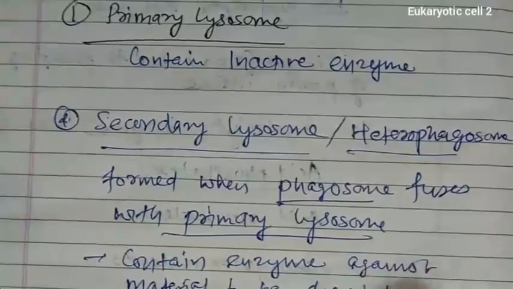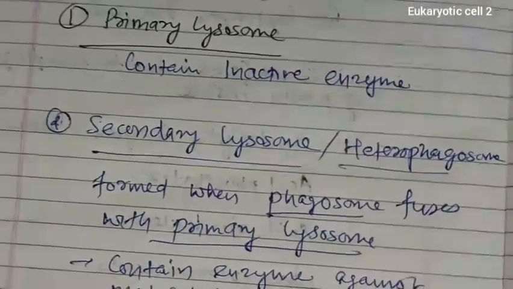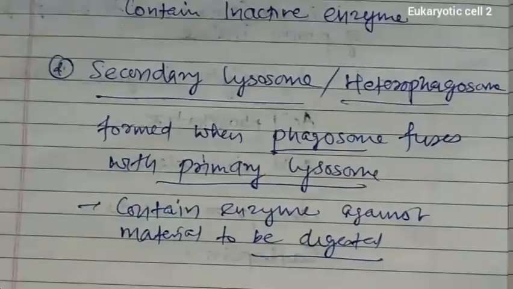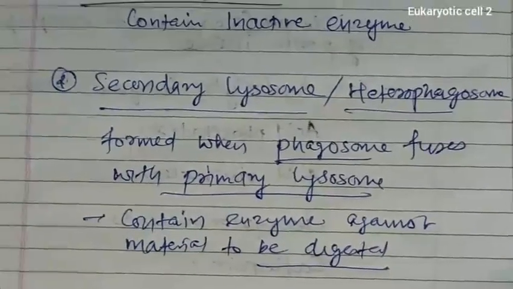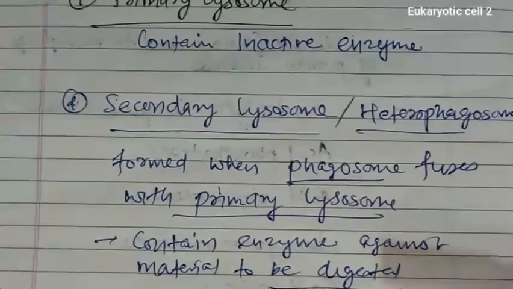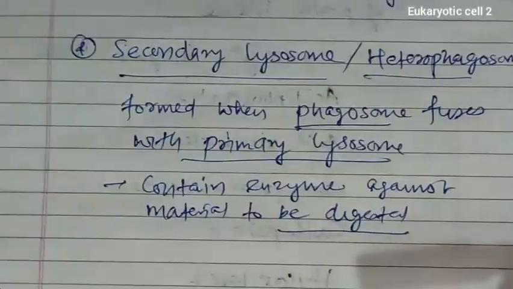Suppose in the phagosome there is a protein and we have to digest it, then the primary lysosome which has a protease enzyme combines with the phagosome and forms a secondary lysosome. So they have enzymes against the material to be digested. That is the meaning of this statement.